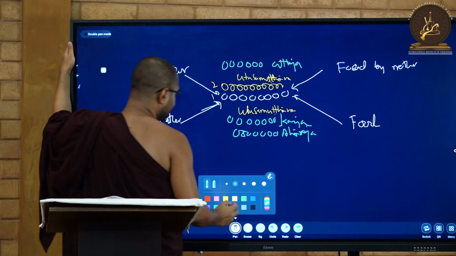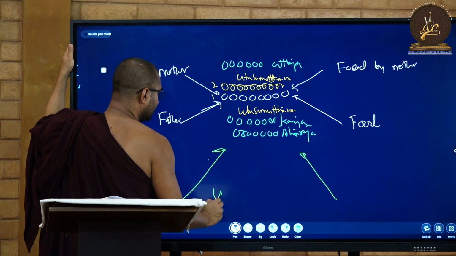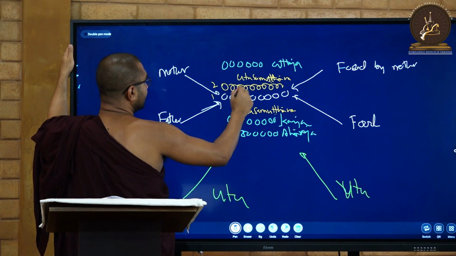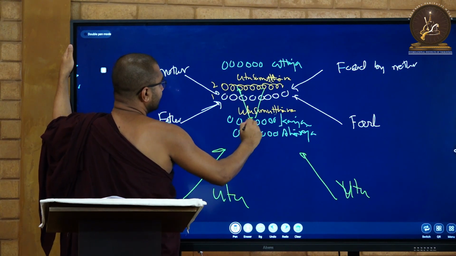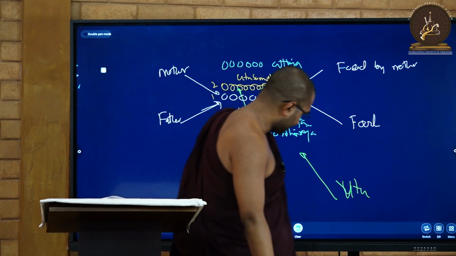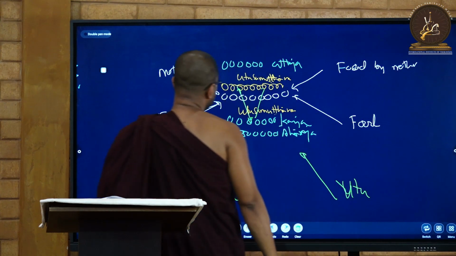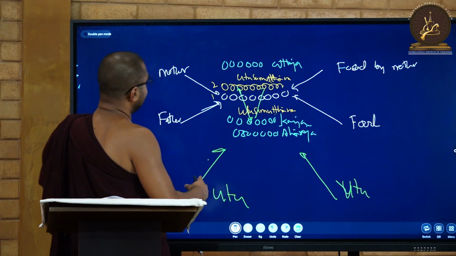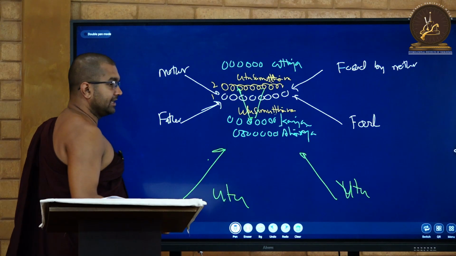And all these Rupas are affected by the Utu or the Tejo Dhatu of the outer environment, and also by the Tejo Dhatu inside as well, right? They are influencing, they are affecting. Hence, they are being affected by the internal and external Utu.